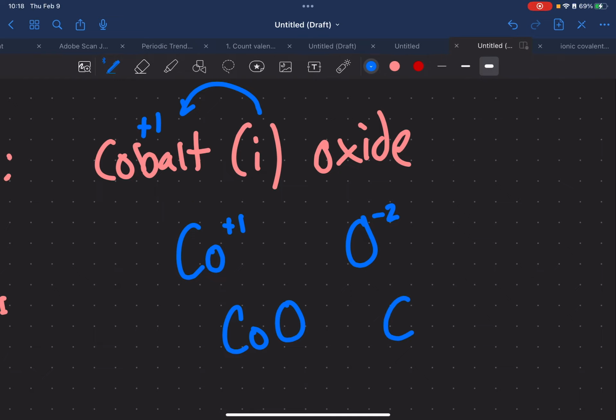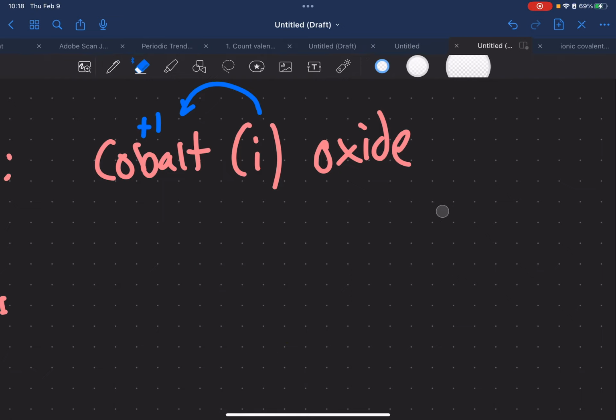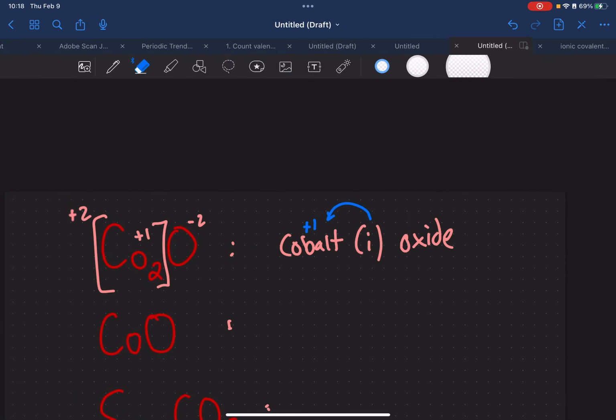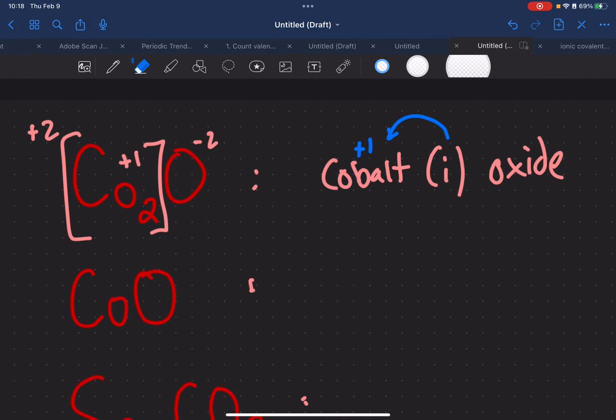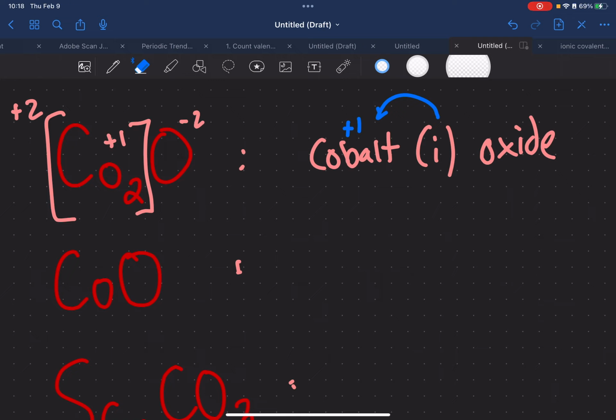I can't make it work with like 3 cobalts and 1 oxide. There's no reason to specify like dioxide or monoxide, because there's only one way I can make that compound work where all the charges are balanced. That's the thing. The charges need to be balanced. And once you introduce that restriction, then there's no need for the prefixes because it's all self-explanatory. There's only one way that the compound can exist.